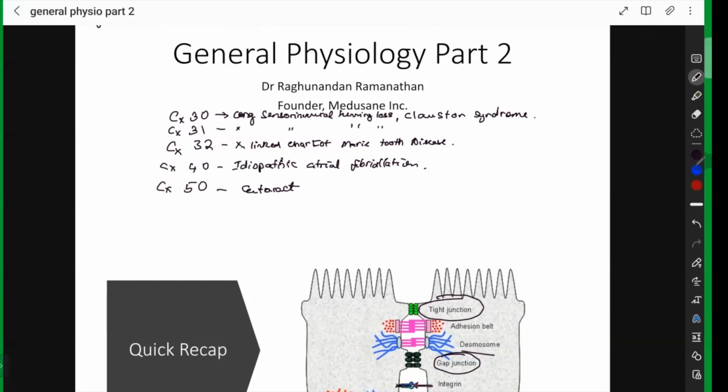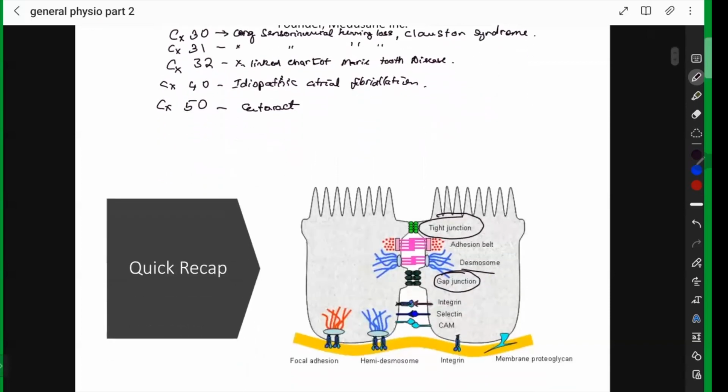Yes. So now coming to the last and final one, your hemidesmosomes. What are hemidesmosomes? I already told you they connect the cells with the underlying basal lamina. That includes integrins and intermediate filaments and everything, guys.